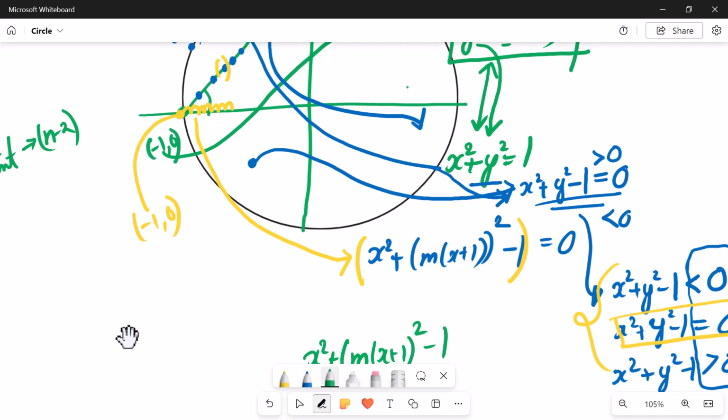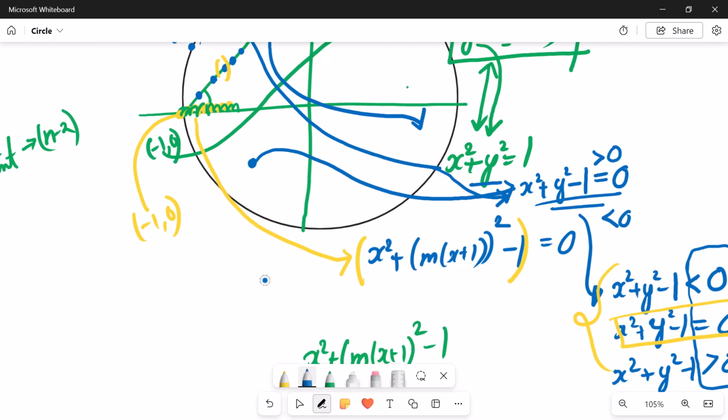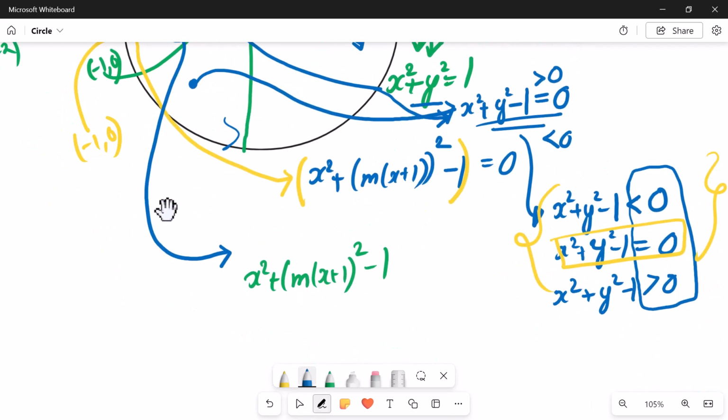For example, after some certain incrementation on the x-axis, we got to this particular point. So we will substitute the x coordinate of this point into this equation and check if the value is coming out to be 0 or not.